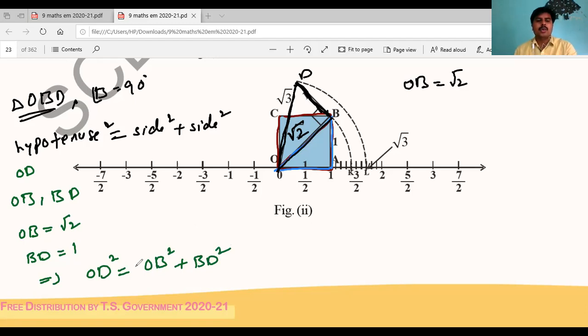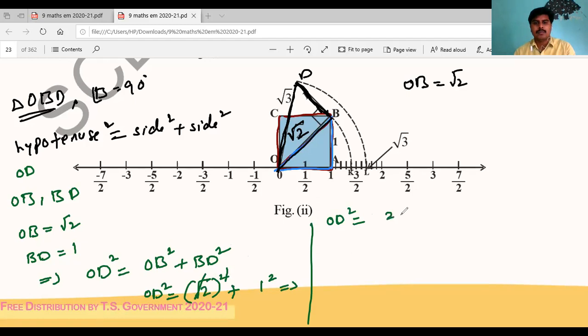OB value root 2 whole square and BD value 1 square, which is nothing but OD square is equal to 2 plus 1, the square root gets cancelled. 1 square is nothing but 1. So OD square is equal to 3. Then OD is equal to root 3.